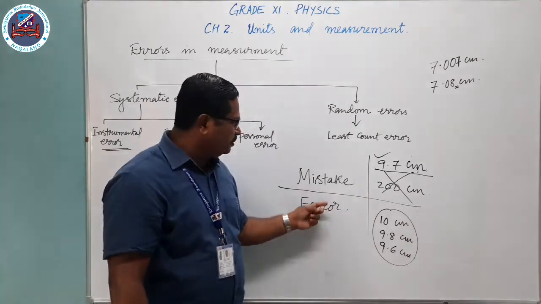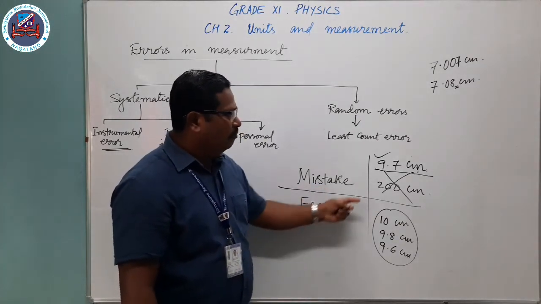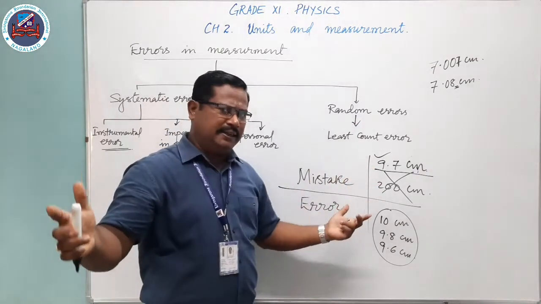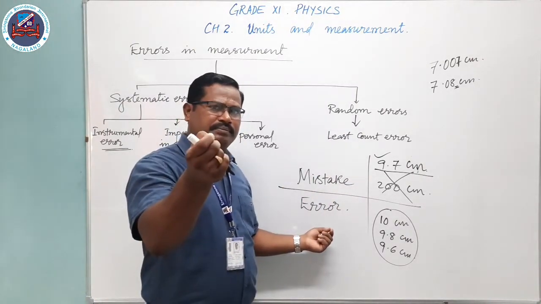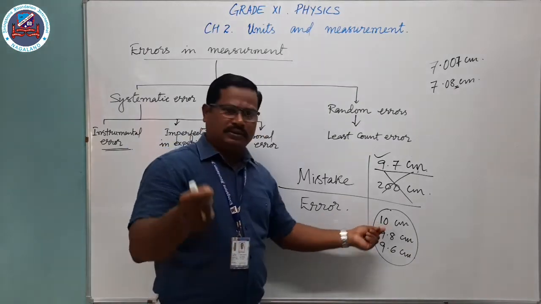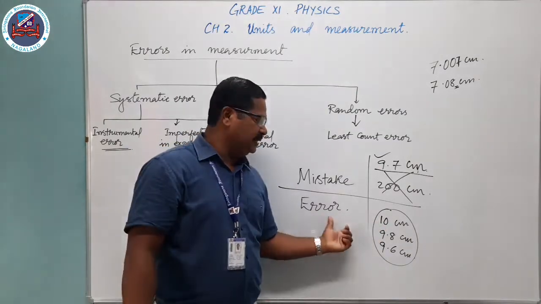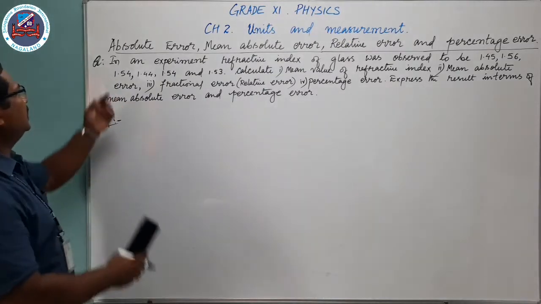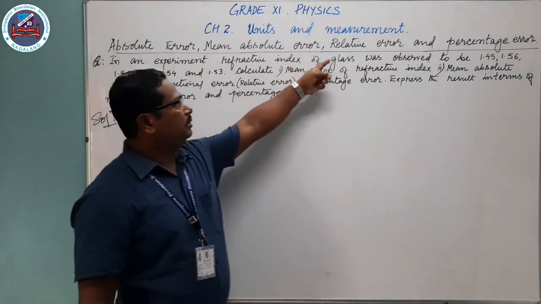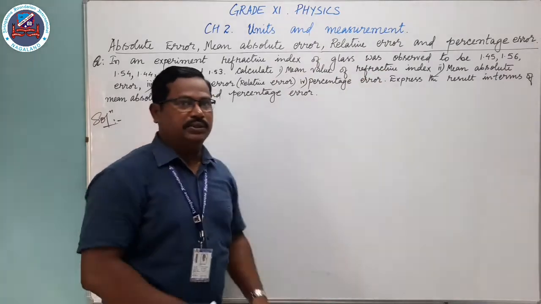So there is a difference between mistake and error. Vast, big errors we call a mistake, and small errors or small differences in a value we call an error. Now let us discuss absolute error, mean absolute error, relative error and percentage error.